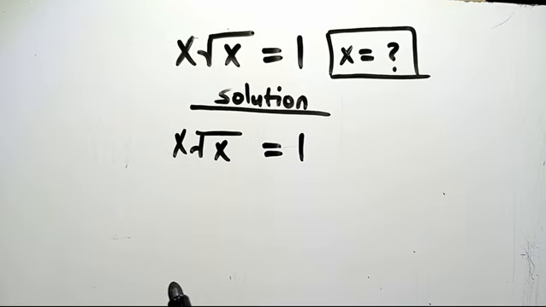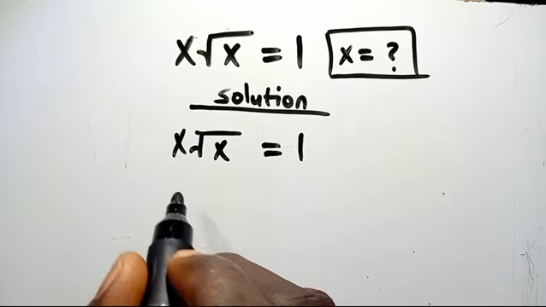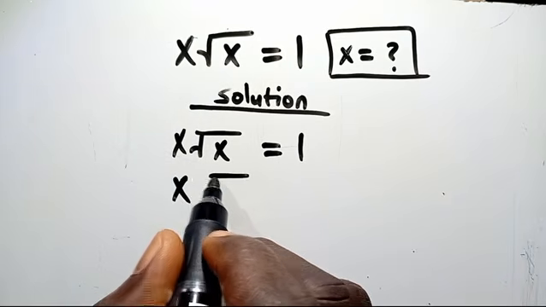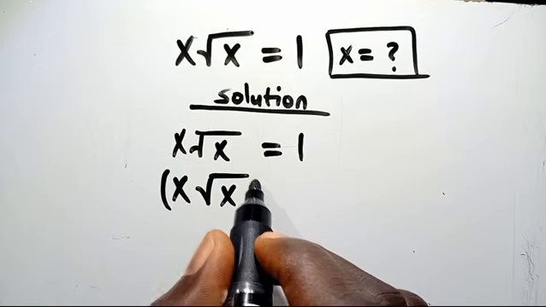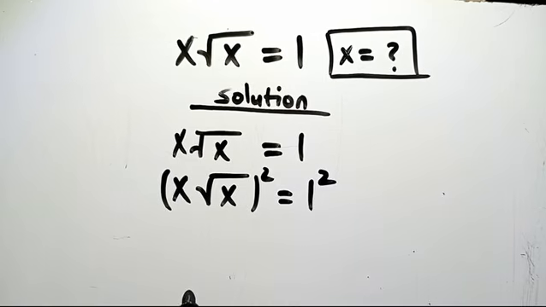Then from here, let us recall that to eliminate this root, we can square both sides. So we have x multiplied by root x, squared, equals 1 squared.